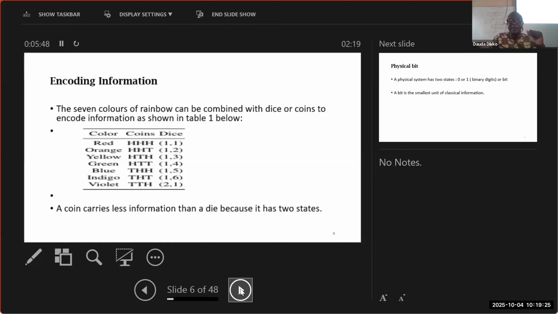So if you have 3 coins having HTT, or 2 dice having the possible states 1 and 4, that corresponds to the color green. So all other possible states are not so relevant. The ones that are relevant are the ones stated. So a coin will carry less information than a die because it has 2 possible states.